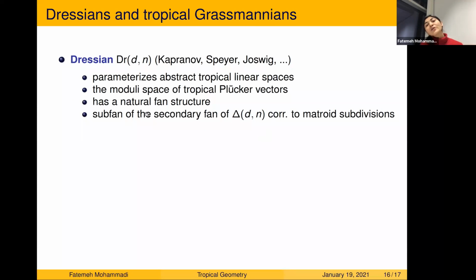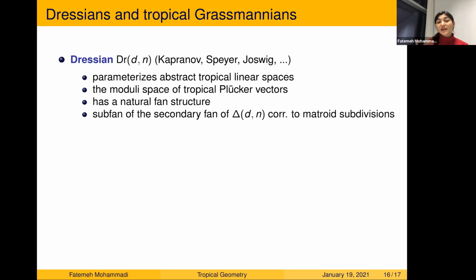And we saw that this has a nice natural fan structure. Namely, you can look at the secondary fan of this matroid polytope. And these are all induced by some weights, by some vectors. So all the subdivisions in the secondary fan have been obtained by lifting your polytope upstairs and then projecting it back.